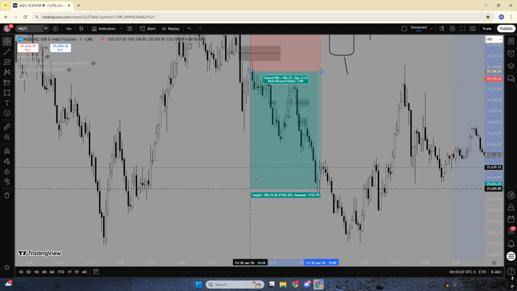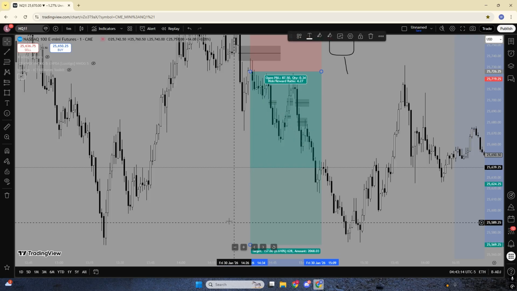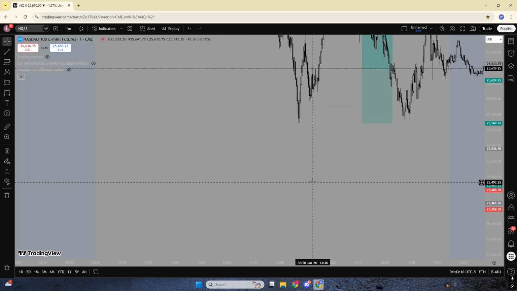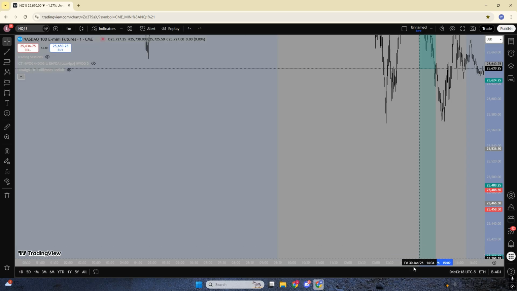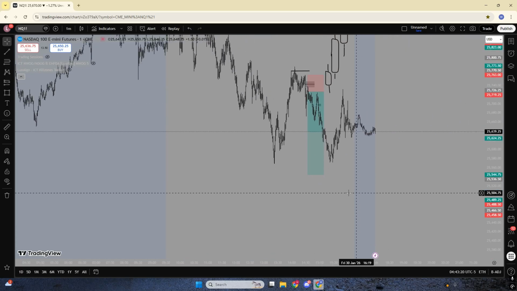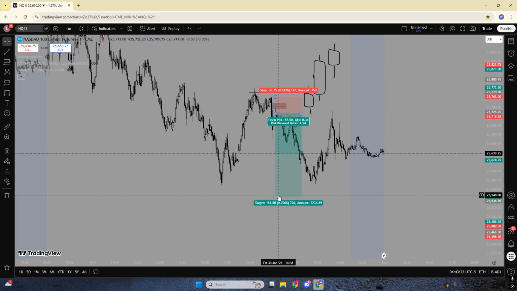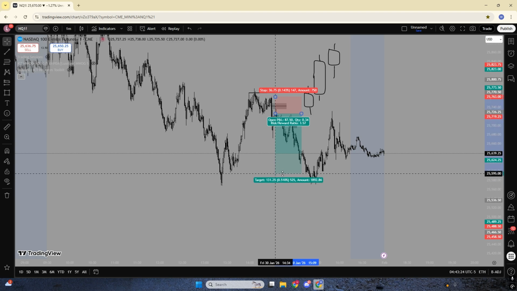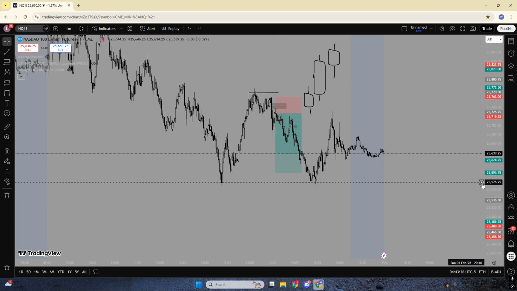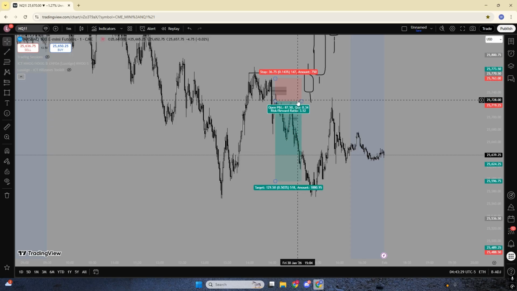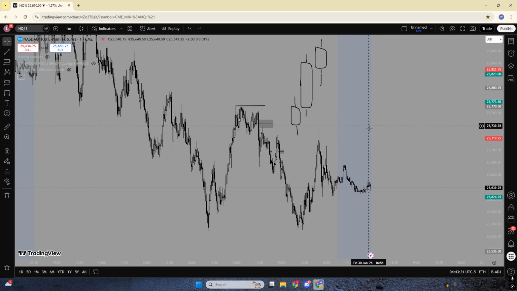You would target this point of liquidity, maybe this point, and your final take profit would probably be down here, where you can probably take runners all the way. So you would have gotten TP right here and would have banked a 3.5 R.